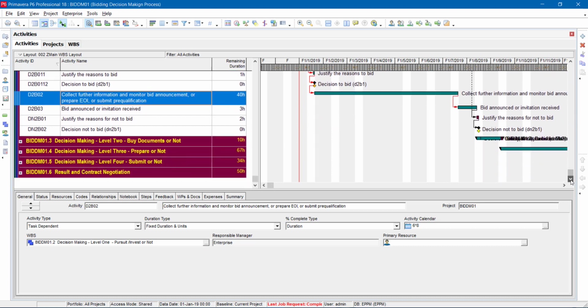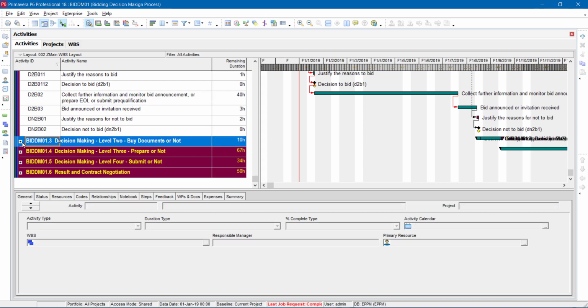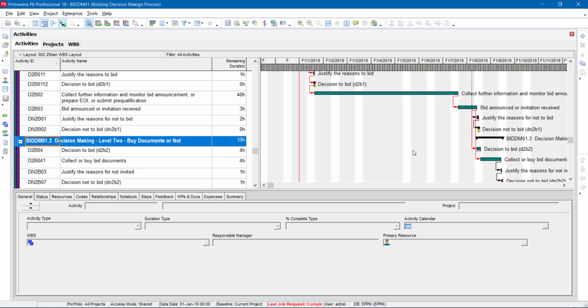Then you are waiting for the bid announcement or invitation. Then you take a fast decision to not bid, or you go for preparation and reading the documents, or actually buying the documents.